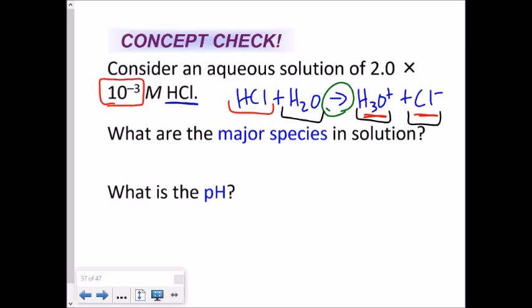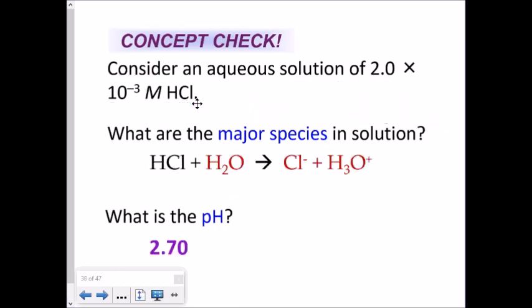In that particular case, the hydrochloric acid and its reaction with the water, creating the hydronium and the chloride, is going to be the dominant reaction, and it's going to control the pH. As you can see here, highlighting once again the major species, because this completely dissociates and we have a pretty high concentration of it, we know that would be the dominant reaction. And our pH, like I said, is going to be in that lower range, and it happens to be 2.7.